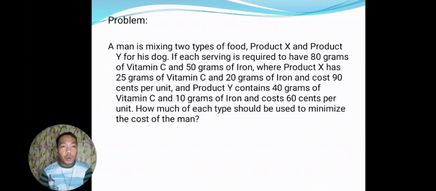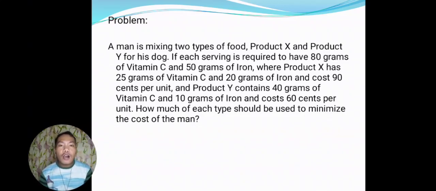And product Y contains 40 grams of vitamin C and 10 grams of iron and costs 60 cents per unit. The question is, how much of each type should be used to minimize the cost of demand?